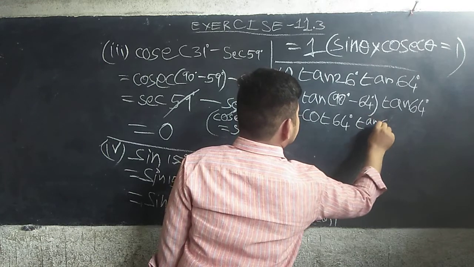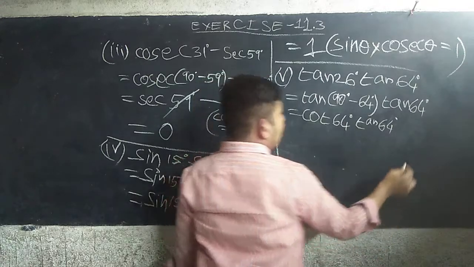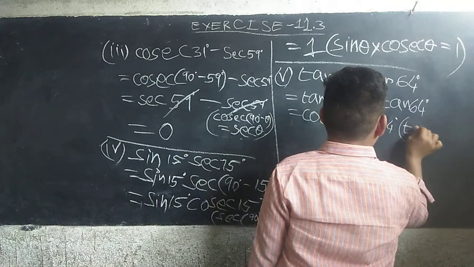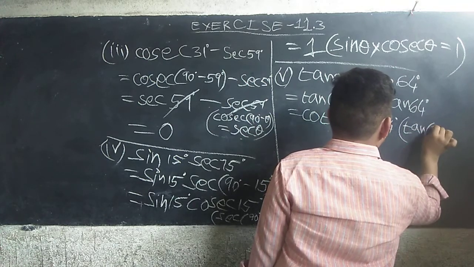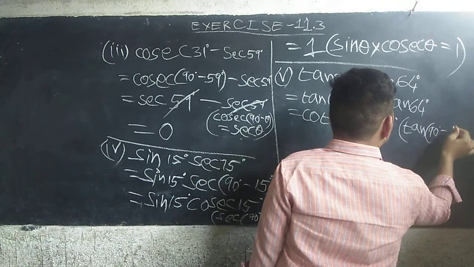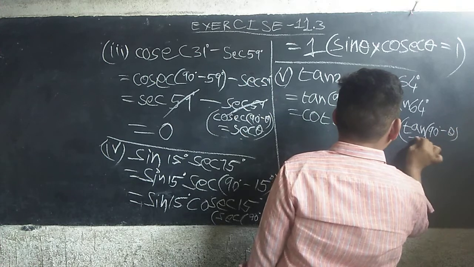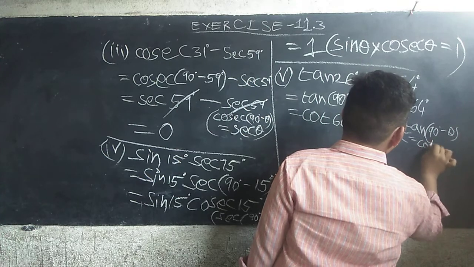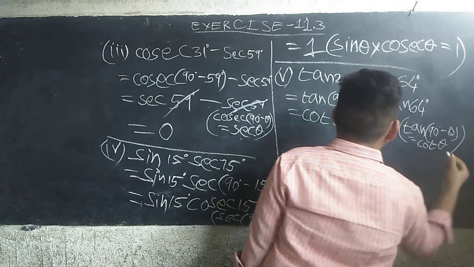Here we have to write the formula: tan of 90 degrees minus theta equals cot theta. That is the formula we are using in this problem.